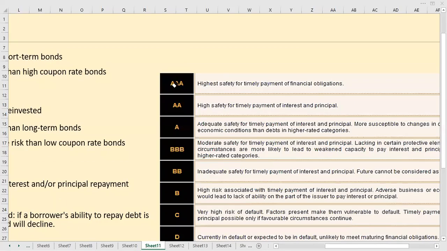That means you don't have that much of a default risk. If it is double B, that means it is inadequate here. So that means there is a high risk involved.